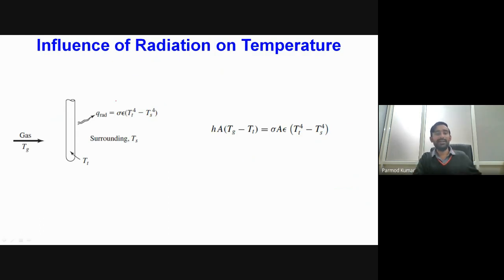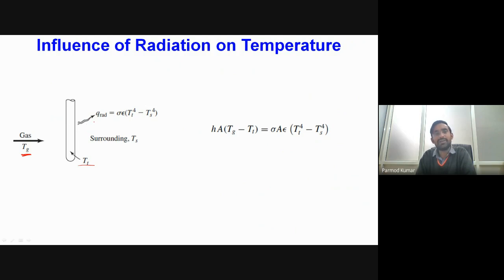Now let us try to see the effect of radiation. Obviously, if we consider this as our thermocouple surface, having temperature Tt, and a gas is flowing over the thermocouple, having temperature Tg. Because the surface of the thermocouple has some temperature greater than absolute zero, there will be some radiation emitted from the surface.